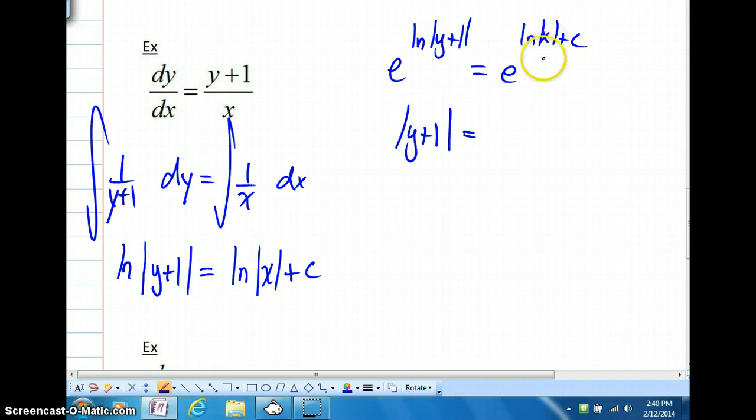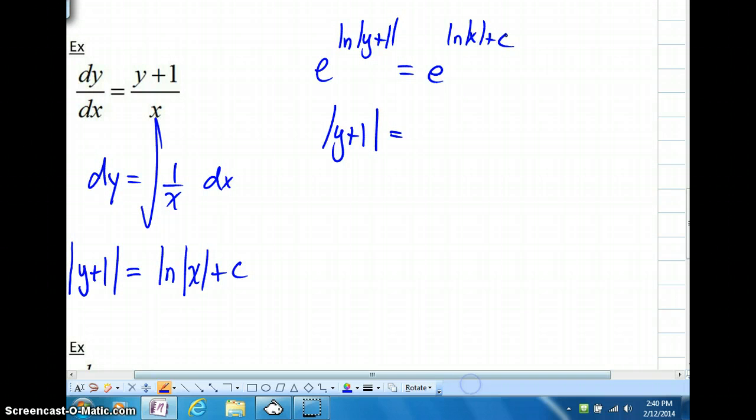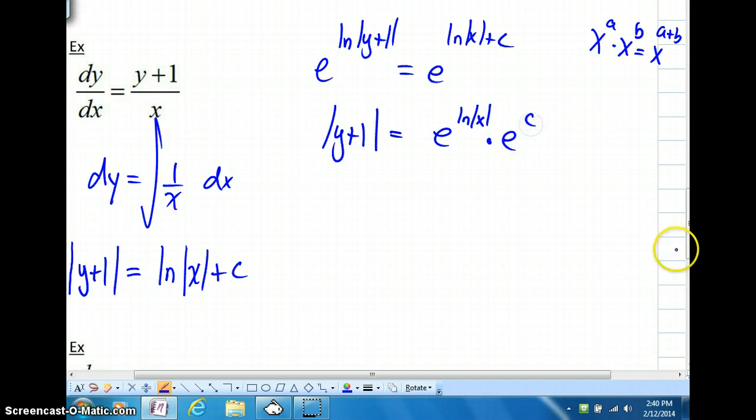And before we go much further on this right-hand side, let's also talk about the following. If I gave you x to the a times x to the b, what was that back from basic algebra days? x to the a plus b. Did you know you could go backwards with that? This would become e to the natural log of the absolute value of x times e to the c.